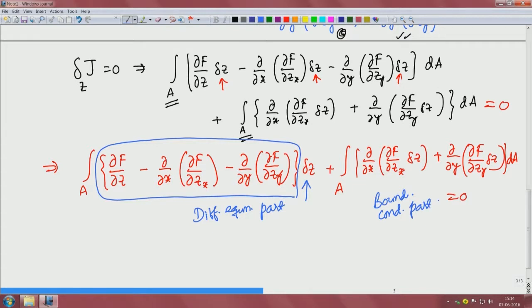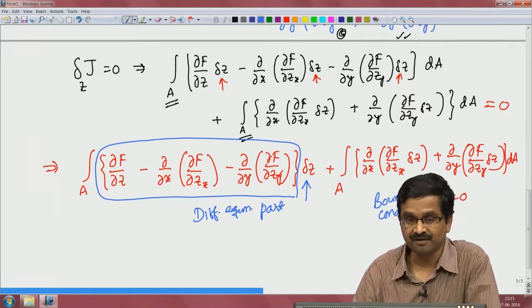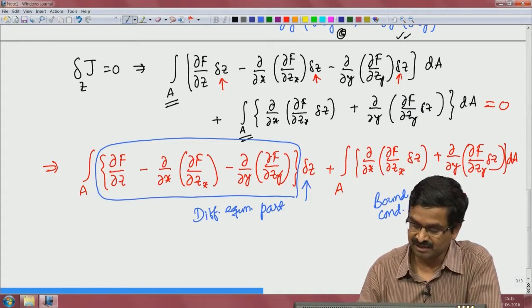Both parts are equal to 0. We make individual ones equal to 0 because of the reason that we had given: somehow with some delta z you could make it work so that individual parts are not 0 but together they are 0, but that is not enough because delta z is arbitrary, it should work for anything, that is why we make each individually 0.